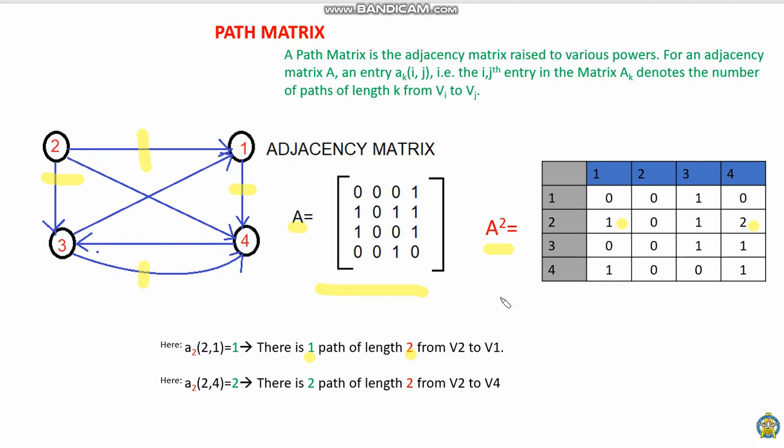Suppose you multiply A to the power 3 or A to the power 4, then that will define the values for paths of length 3, 4, 5, etc. So the entries match the number of paths and the power matches the length. So this is a path matrix.